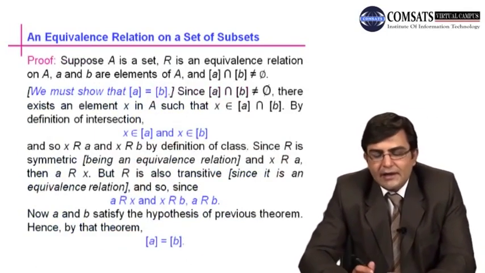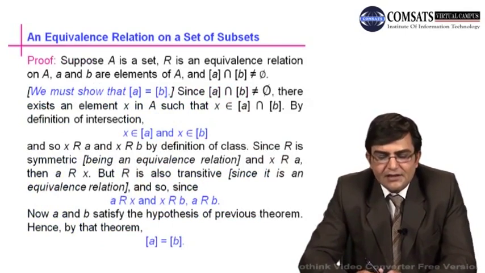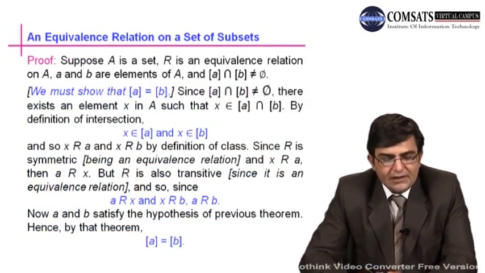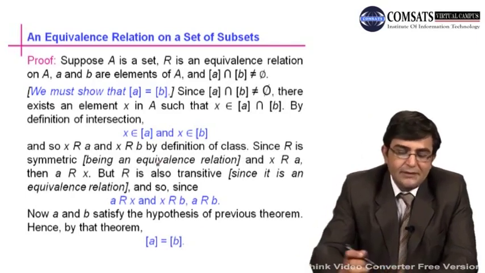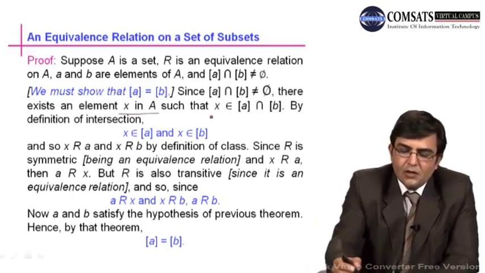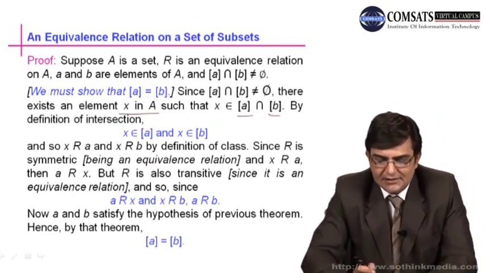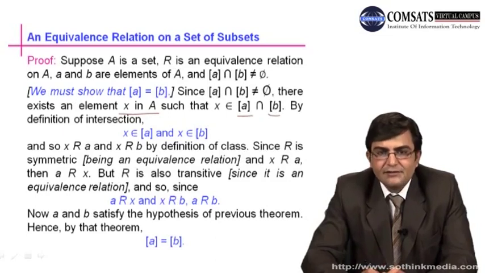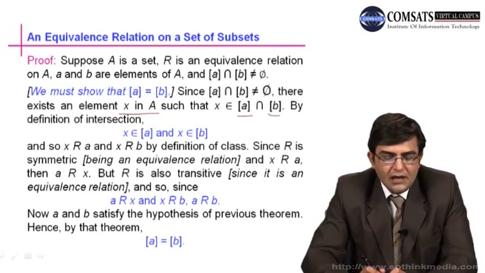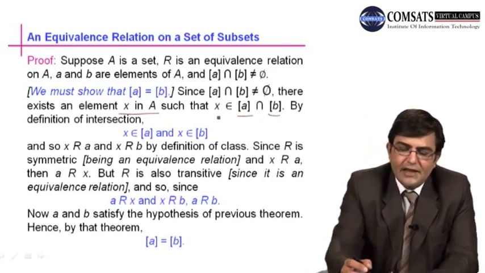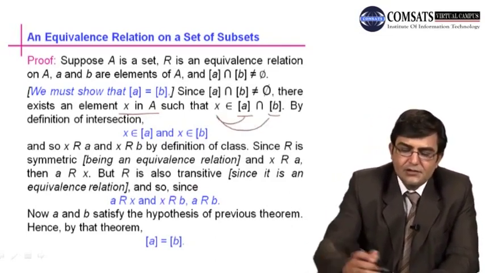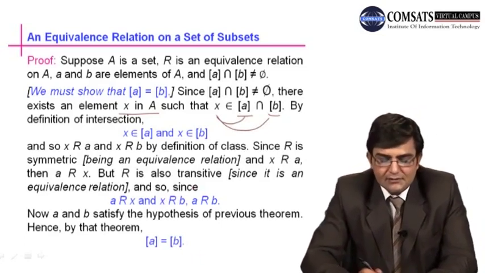So if the intersection is not empty, then there must exist some element x in A which belongs to both of these equivalence classes. That is, x belongs to the intersection of the equivalence class of a and the equivalence class of b.